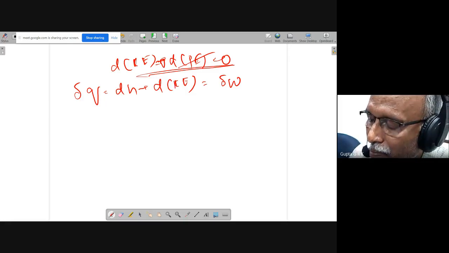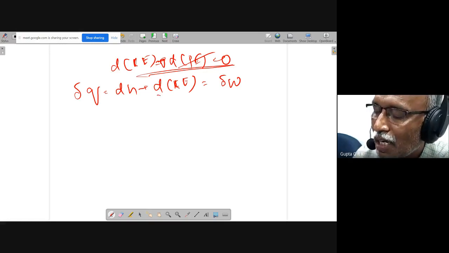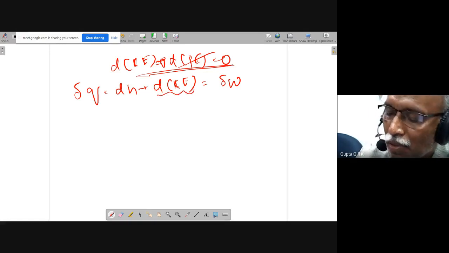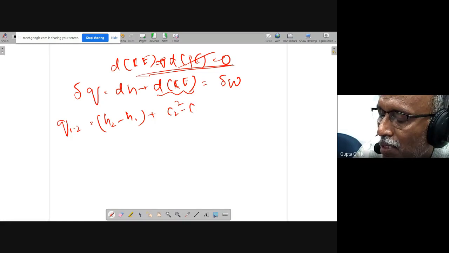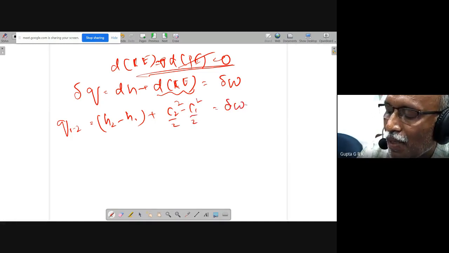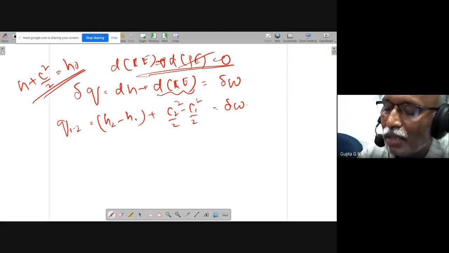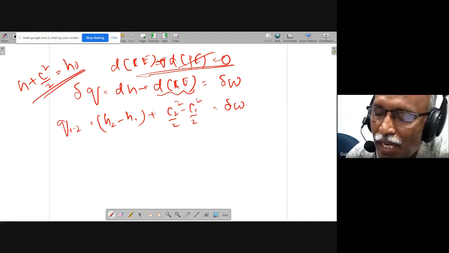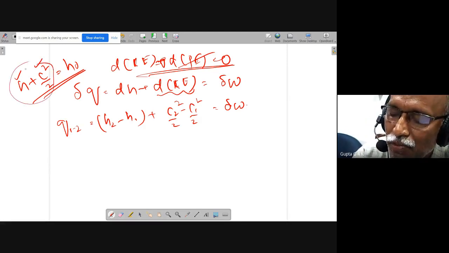But normally in turbines and compressors, the velocities are very large and I cannot eliminate this. So if I write Q12, this is H2 minus H1 plus C2 square minus C1 square by 2 is equal to delta W. And this H plus C square by 2 is called H naught, the stagnation enthalpy. Suppose it has some enthalpy and some kinetic energy. This is the energy of the fluid.